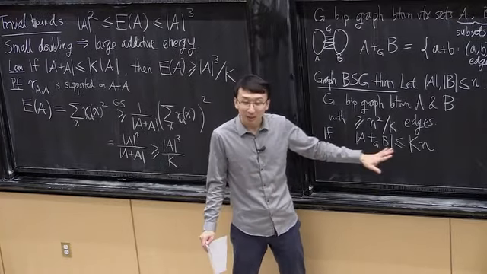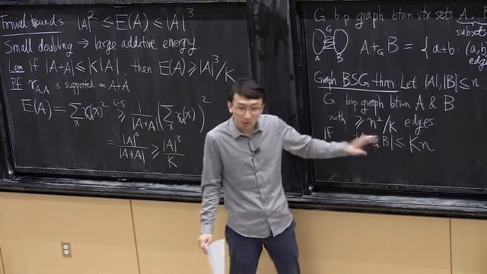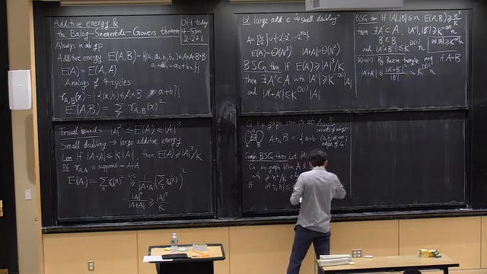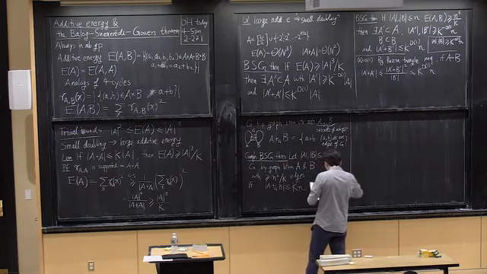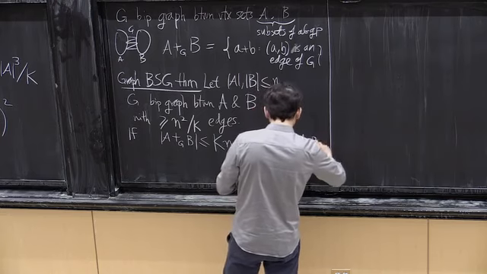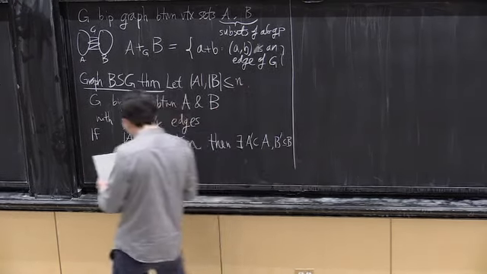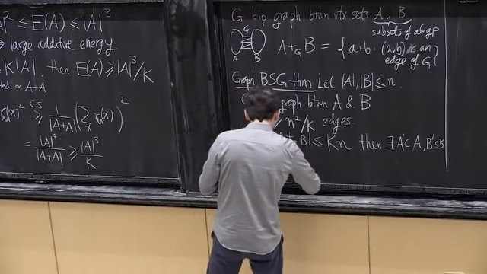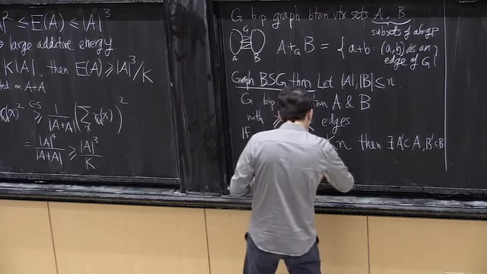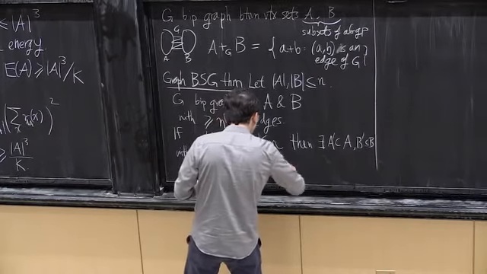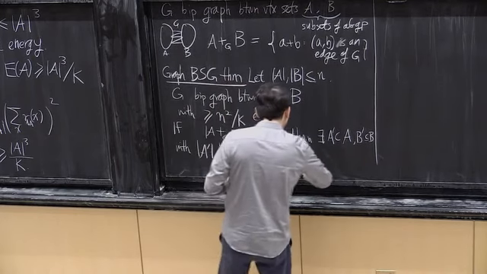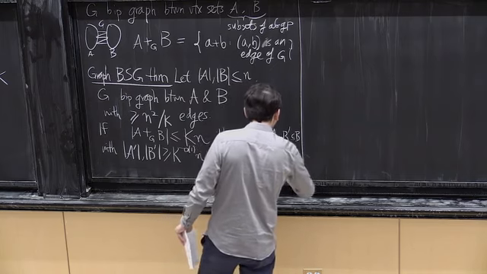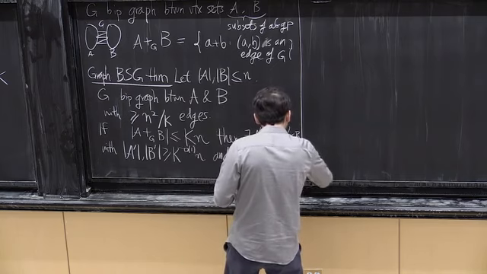If that sum set has small size, so this is kind of like a restricted doubling constant, then there exists A prime subset of A, B prime subset of B, with A prime and B prime both fairly large fractions of their parent set, and such that the unrestricted sum set between A prime and B prime is not too large.